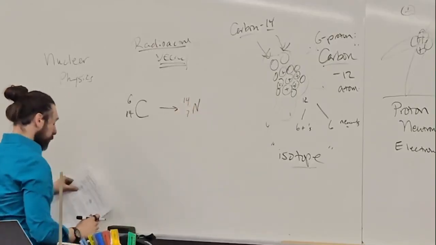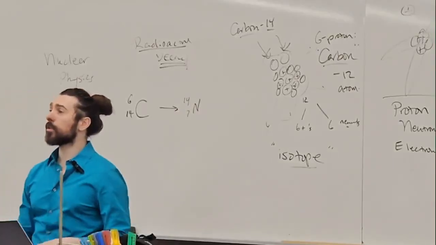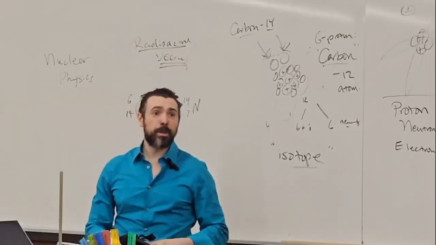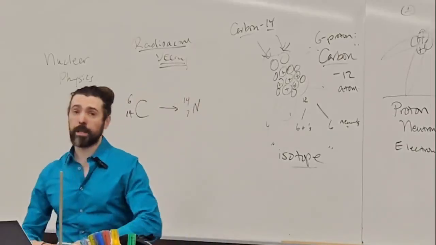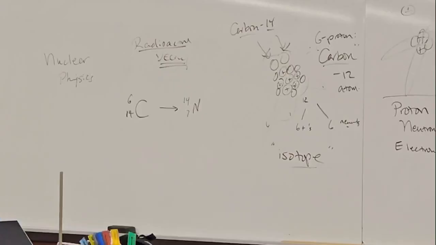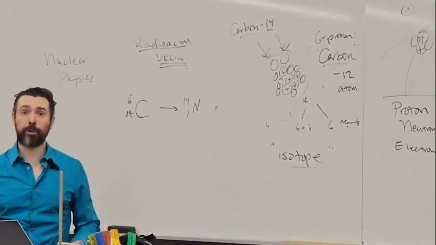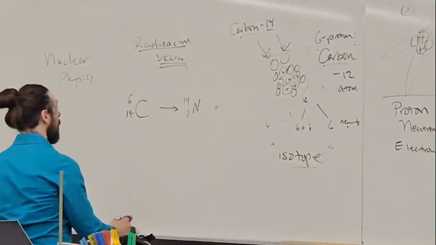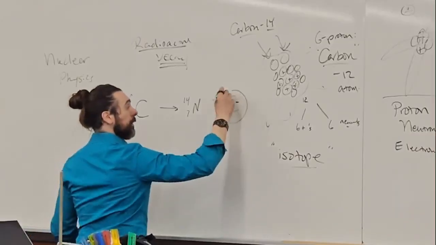Now, when we do nuclear reactions, we're going to have to learn something very similar for those of you who have done chemistry. We do the law of conservation of mass. We did conservation of energy in lecture, we did conservation of momentum. There's also a conservation of charge, okay? And so without telling you the reason this happens, which we'll go through when we do the theory behind it, what ends up on the other side of this equation is 1 electron.